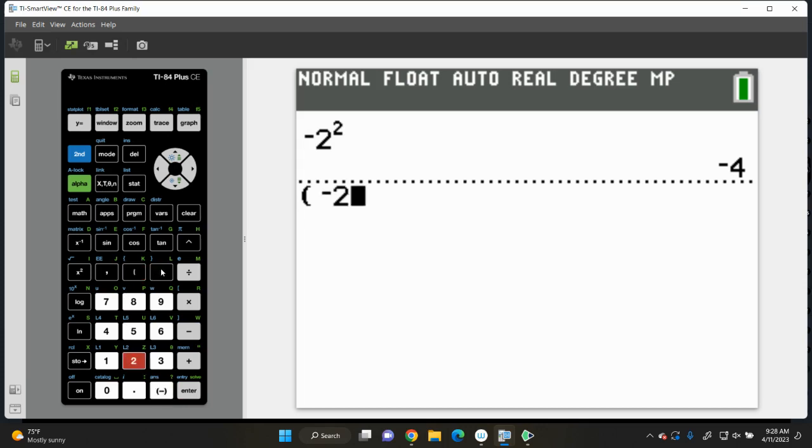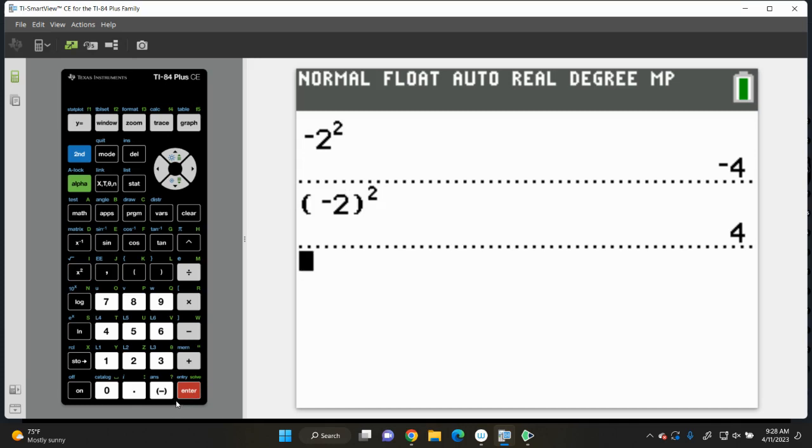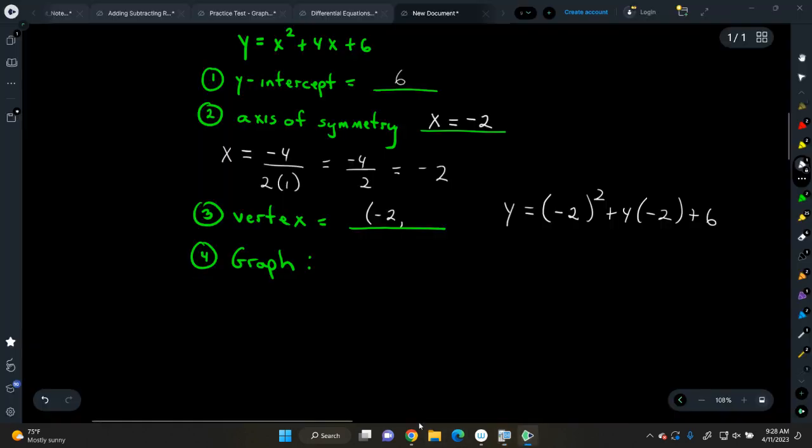I have to put that negative number in parentheses. Then it gives me the +4. If I just put it in like this, -2 squared, it's doing -1 times 2 squared. It's squaring the 2. It's not squaring -2. So be careful with your calculator.